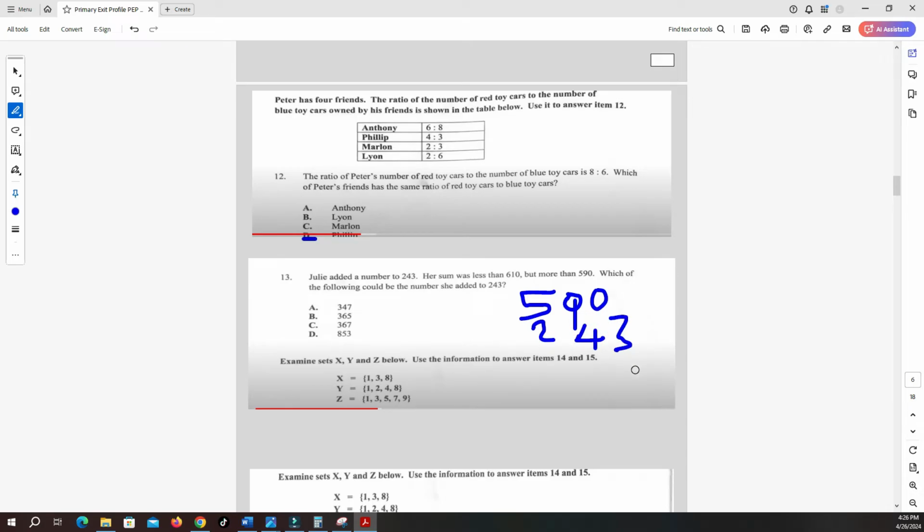So let's take 243 from 590. 3 from 0, we can't, so 7, because 10 over here, and 8 is left. 4 from 8, 4. And 2 from 5, 3.